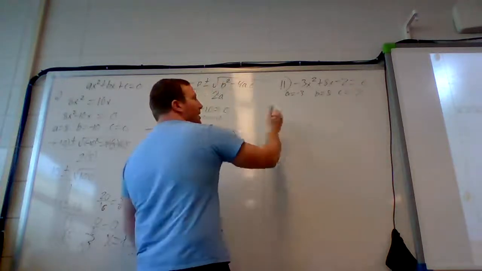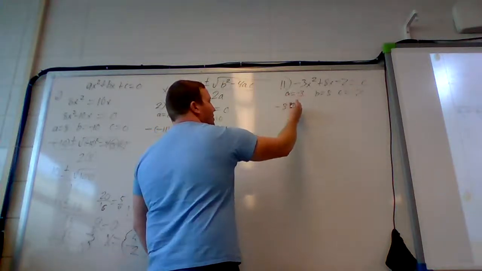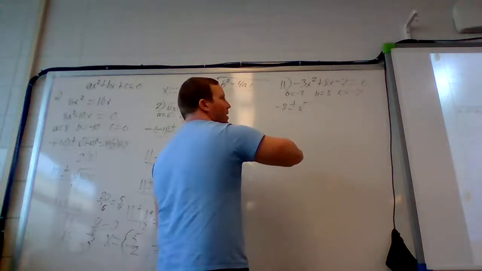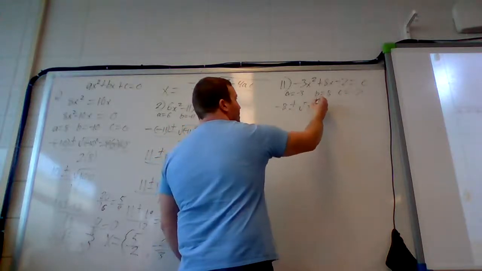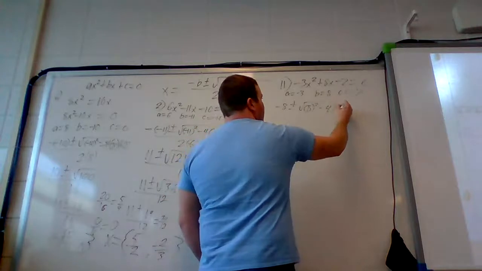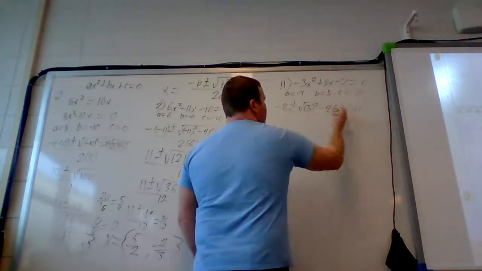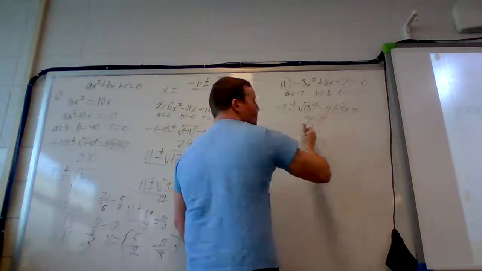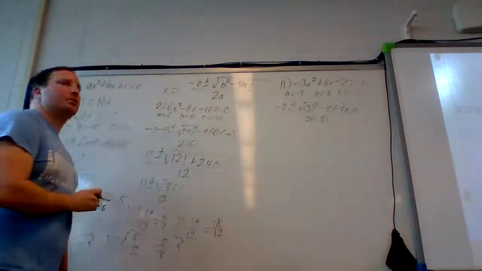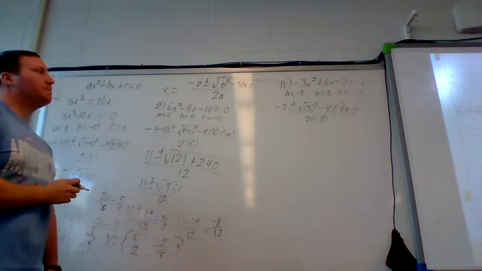When we plug that in, negative b plus or minus the square root of b squared minus 4 times negative 3 times negative 7, over 2 times negative 3.